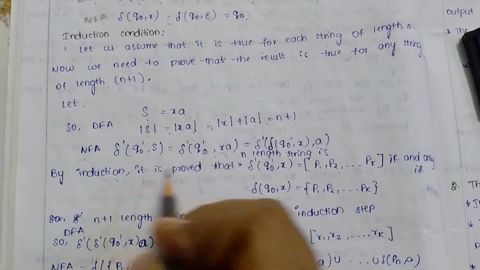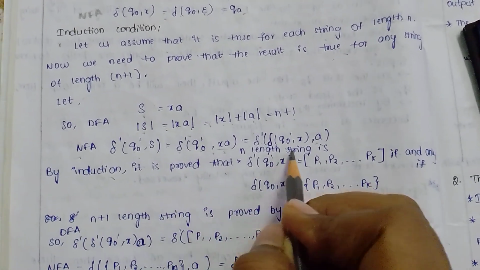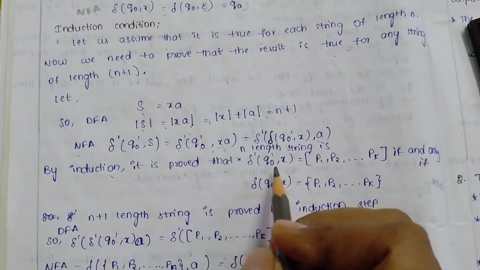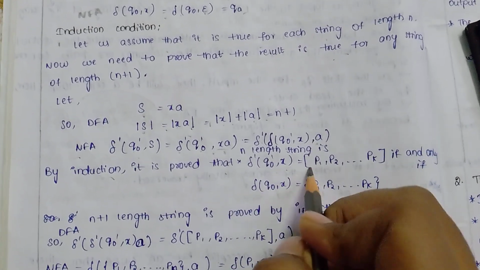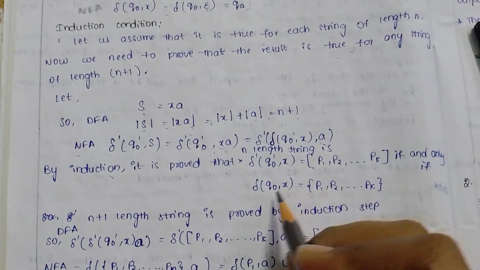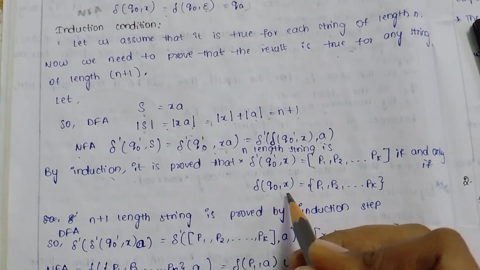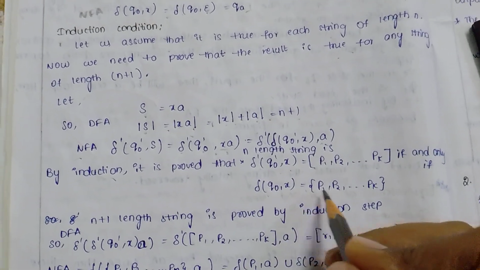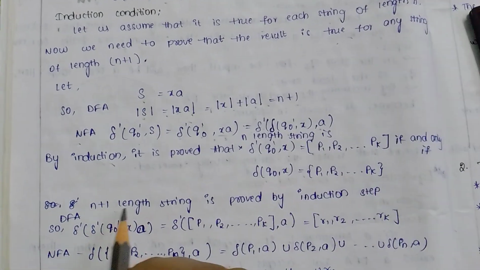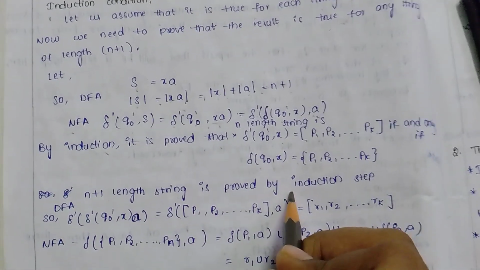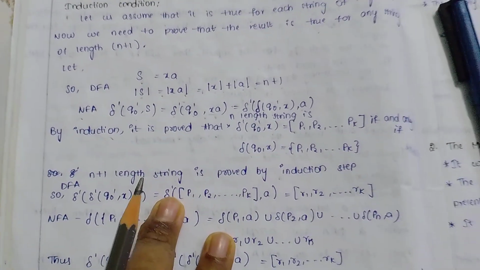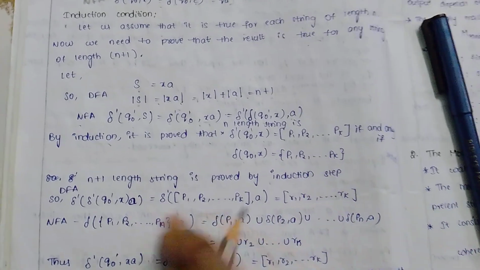So by induction it is proved that for an n length string, δ' of q0' with input x gives p1, p2 and so on pk if and only if δ of q0 with input x gives p1, p2 and so on pk. So the n plus 1 length string is proved through the induction step.